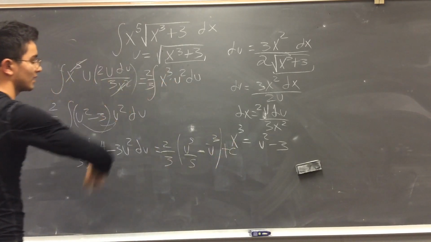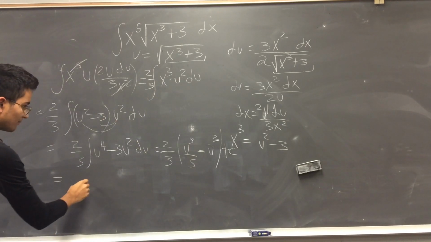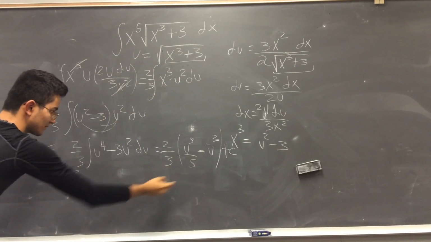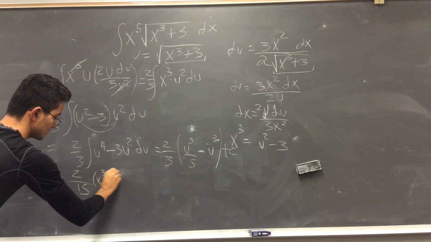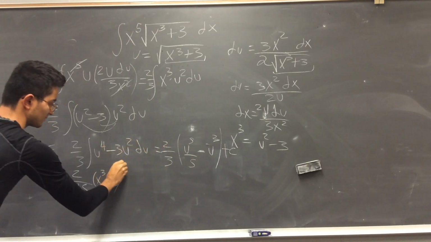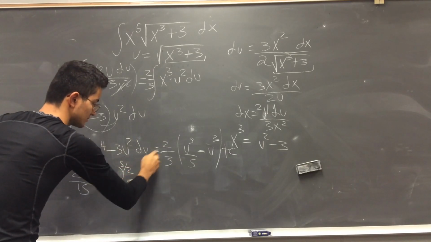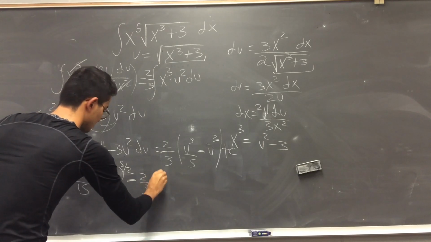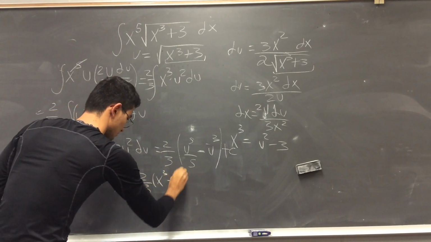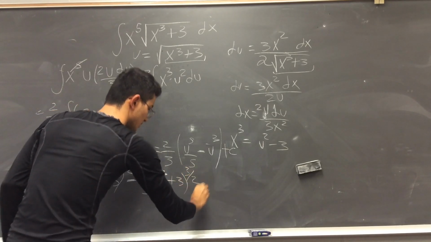And then we plug that back in, and it's going to give us 2 over 3 times 5, which is 15, times x cubed plus 3 to the power of 5/2, minus 2/3 times x cubed plus 3 to the power of 3/2, plus c.